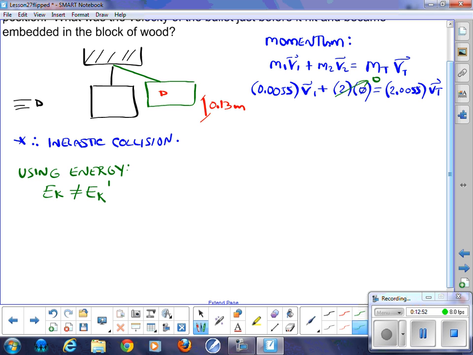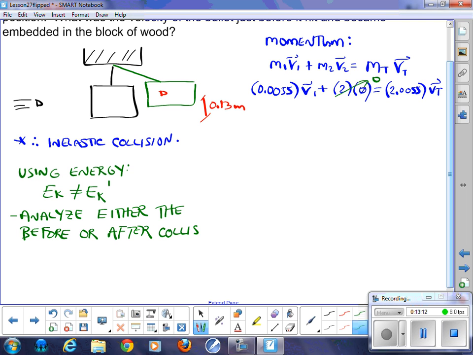What we're going to do is we're going to analyze either the before or after collision. All right. Before the bullet hits the pendulum, if we have this situation, EK1 will equal EK2. All right, oops, not a vector, sorry, because no collision has occurred.